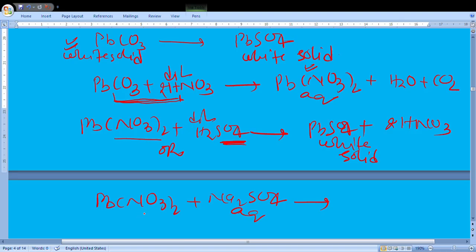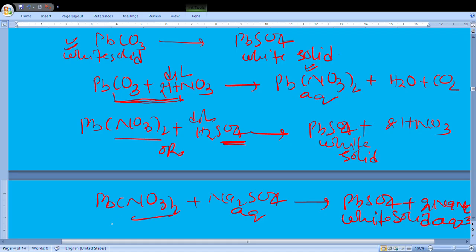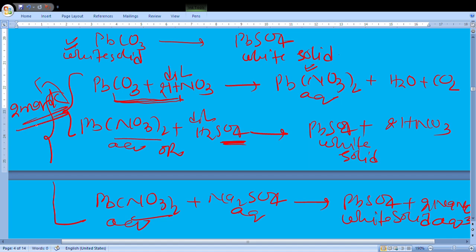Second, PbSO4 plus 2NaNO3 aqueous, and this will be white solid, and this was aqueous as a colorless solution. Now these are all two-step reactions. Either this one may be taken or this one may be taken. So this is a 2-mark question, it is generally asked, and it is very important, isn't it?